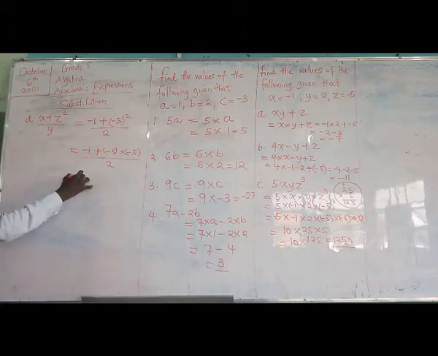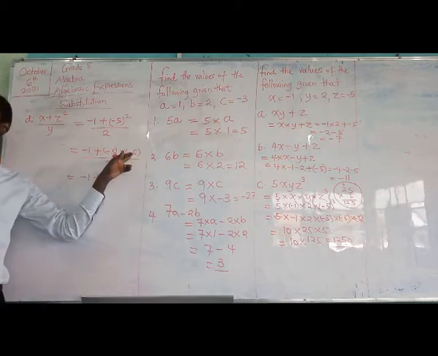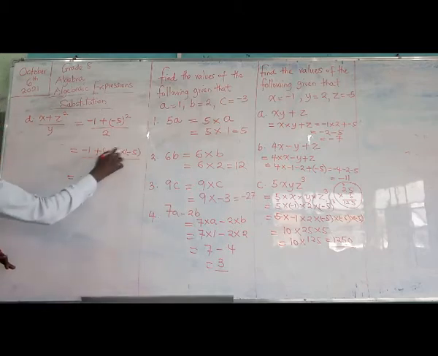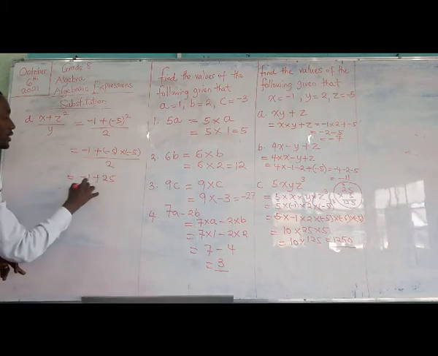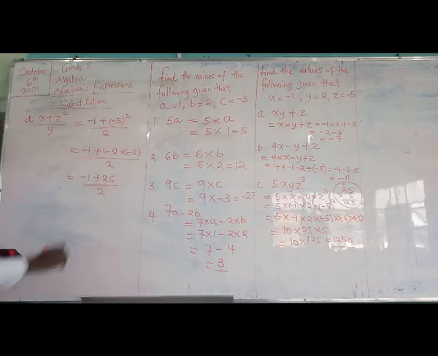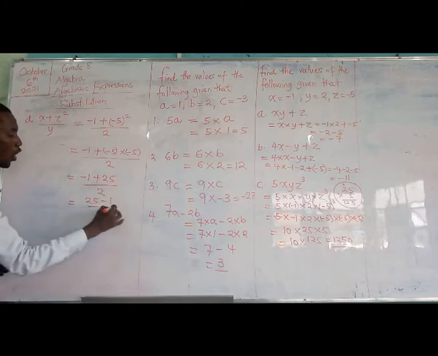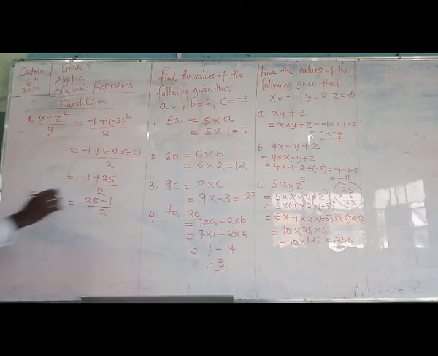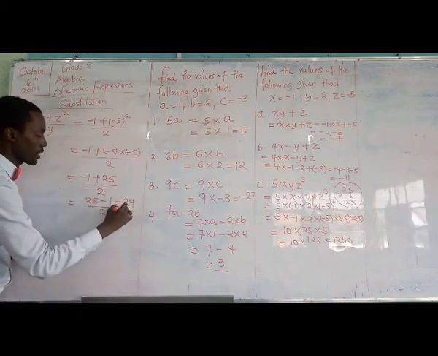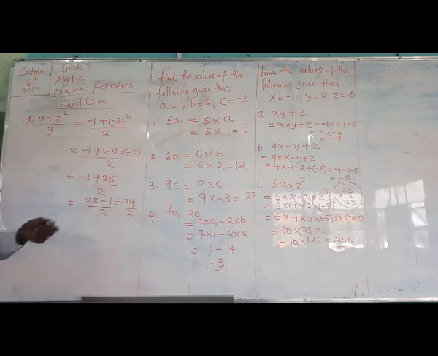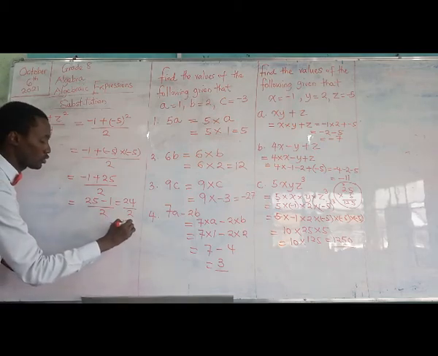And that will give us negative 1 plus. Negative times negative is what? Plus. And 5 times 5 is what? 25. Divided by 2. Alright. That's settled. This we can rewrite to become 25 minus 1 all over 2. 25 minus 1 is what? 24 divided by 2, and that simply gives us an answer to be what? 12.